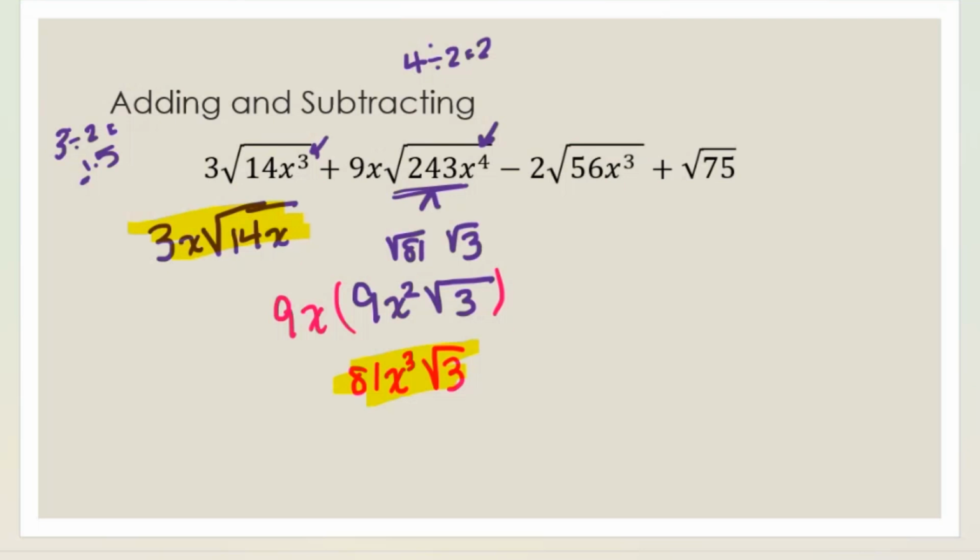And then we're going to go to the next row. In the next problem, I have 56. If I try to think of some perfect squares that are less than 56, I got 4. 56 divided by 4 is 14. Let me see if 16 works. 16 doesn't work.